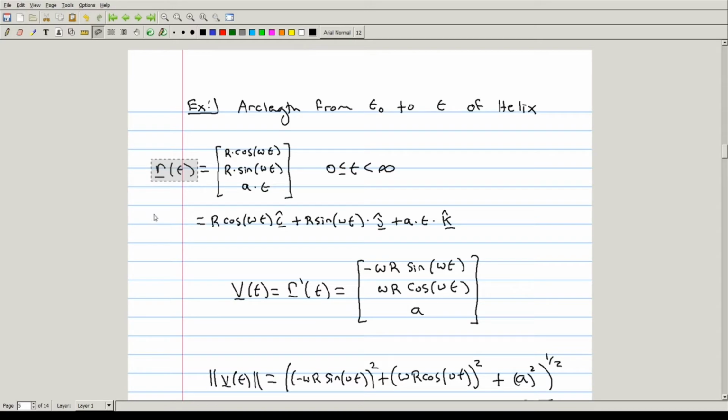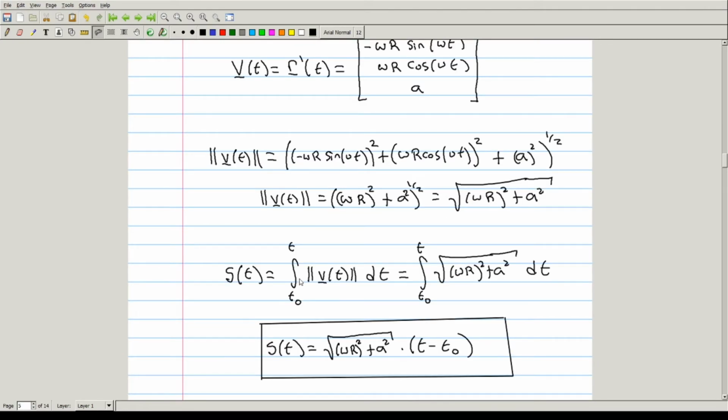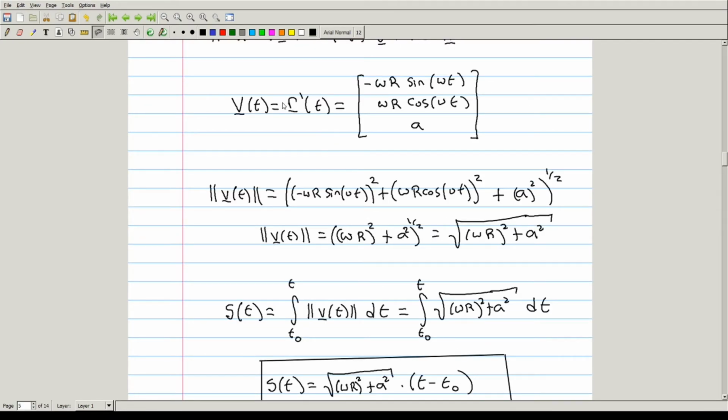So recall the previous calculations that we've done for the helix. Namely, we've shown that the velocity vector is equal to this right here.